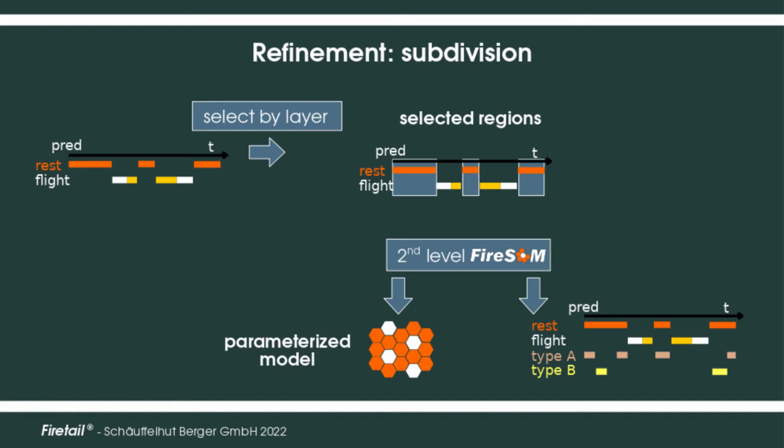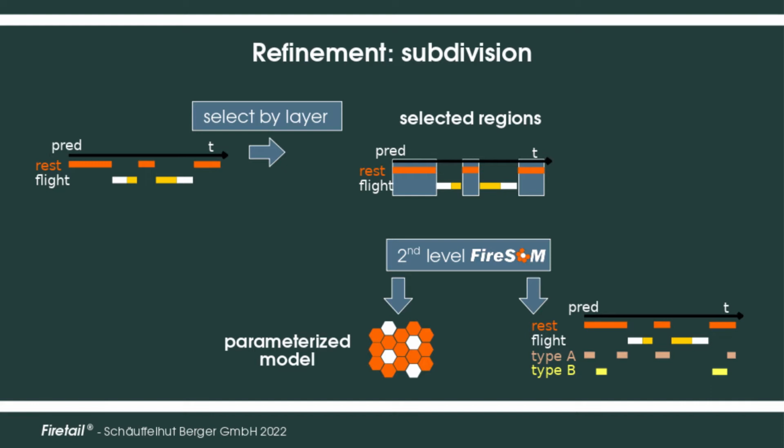For example, in this case, we choose the layer rest and do a second round of FireSOM on only this selection. And we will arrive with a parameterized model on the one hand, and on the other hand, we get the complete prediction for the selected regions that we selected previously.